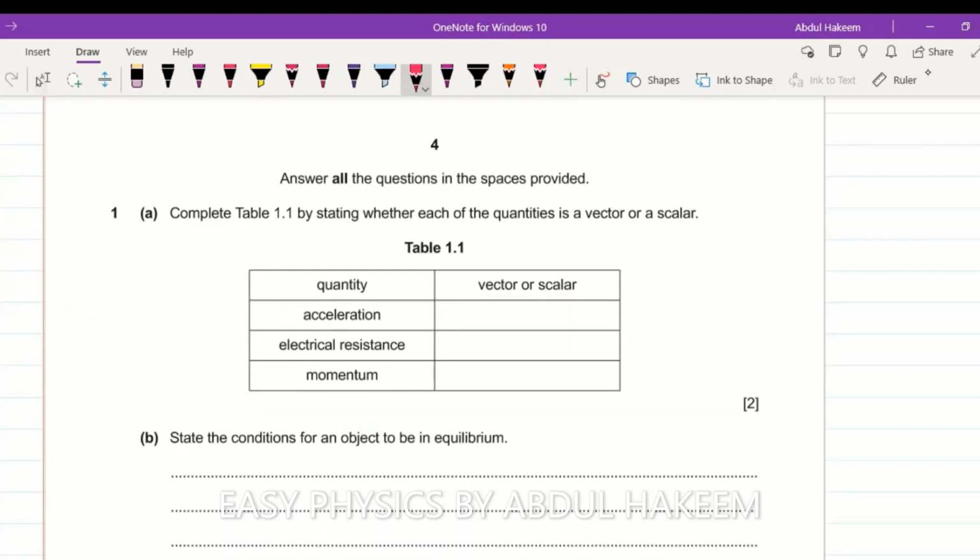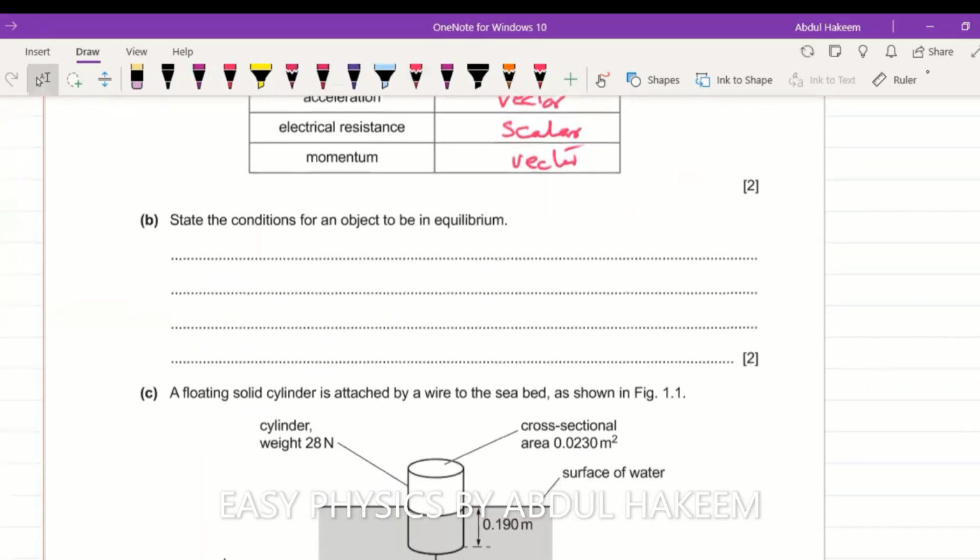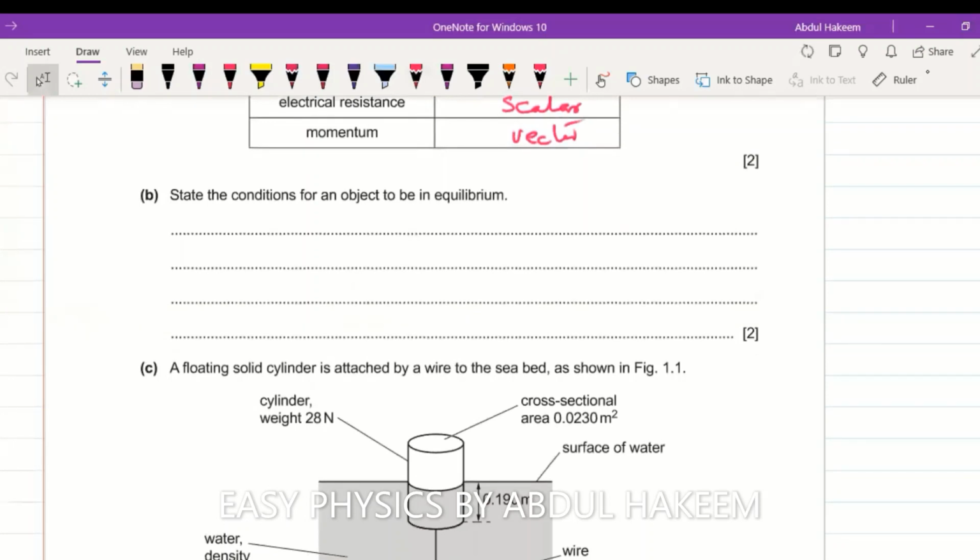So acceleration definitely is a vector. Electric resistance is scalar, and momentum is a vector. Now the next part is: state the condition for the object to be in equilibrium.